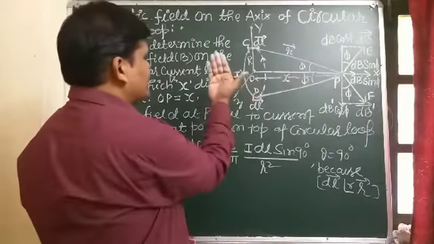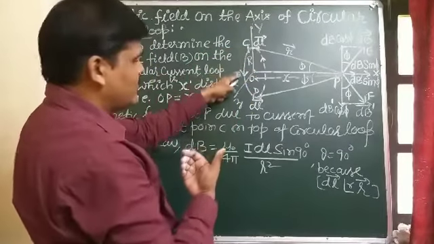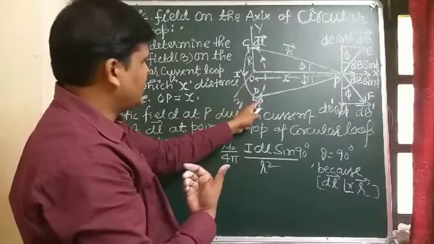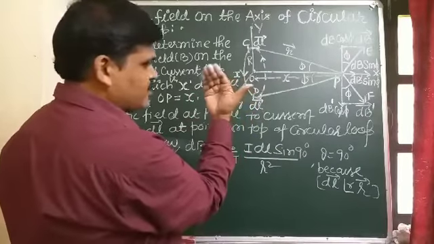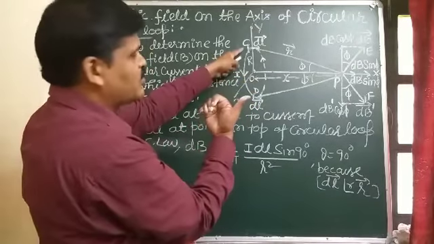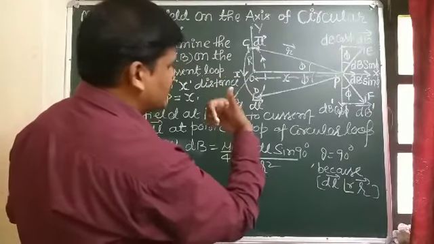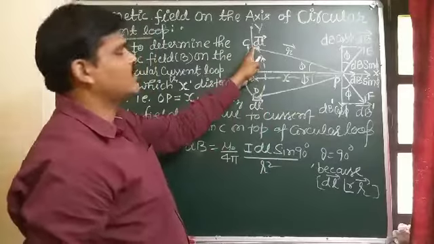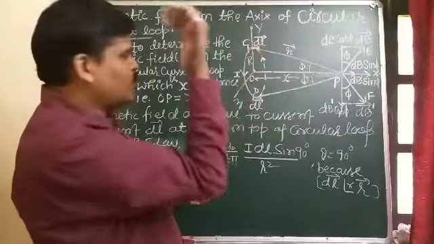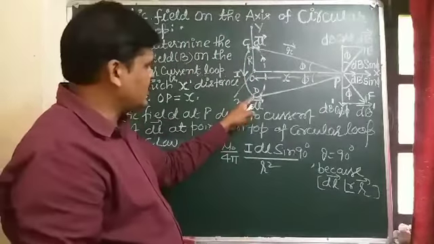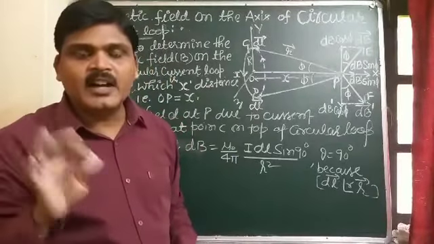So current is flowing in this manner: going inside and then coming out. Here the direction of the current is coming outward, and here the current is going inward.